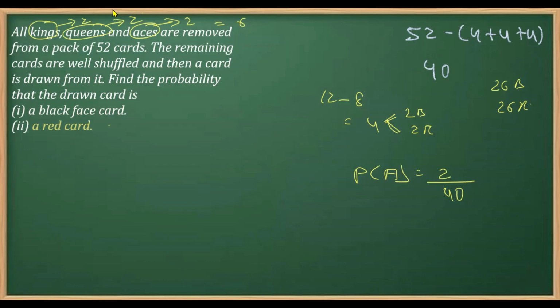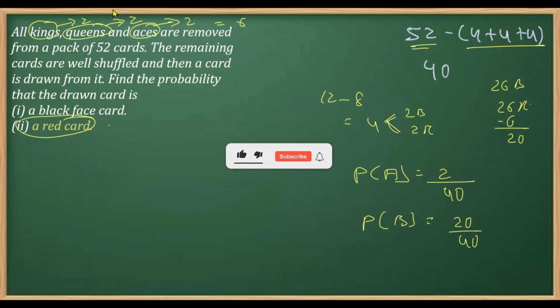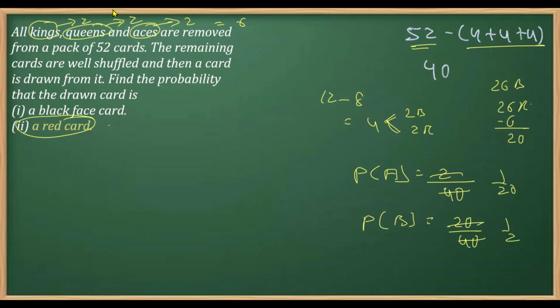So from 26, 6 cards have been removed. I'm talking about the red cards, not the total. So we are left with 20 red cards, right? So the probability of getting a red card is what? It's 20 out of 40. As you can see, we had initially 52 cards, but 12 cards were removed, and that's why we are left with 40. So 20 over 40, this is 1 over 2, and this can be reduced to 1 over 2. That's how we'll do this.